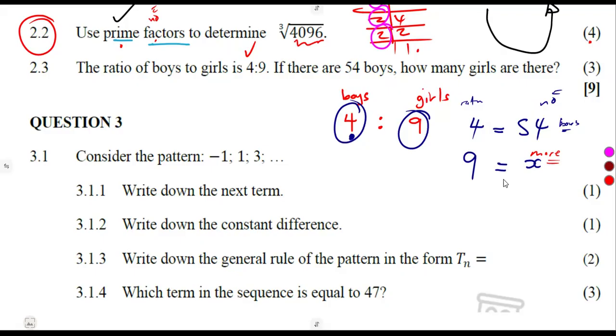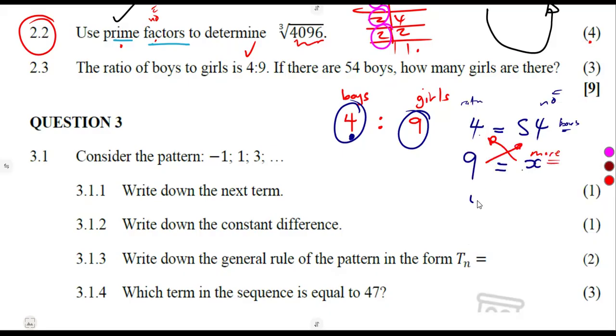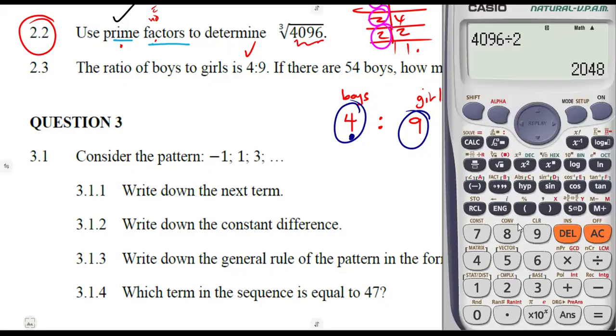So we can find the value of x by cross multiplying. It gives us 4 times x, that's 4x, equal to 9 times 54, which is 486.